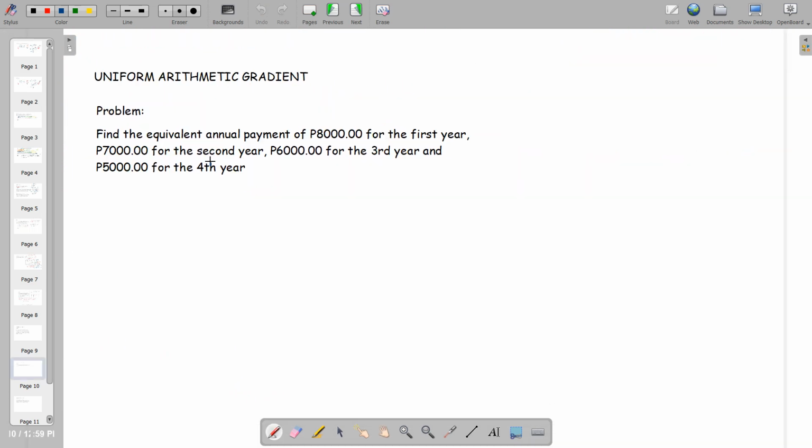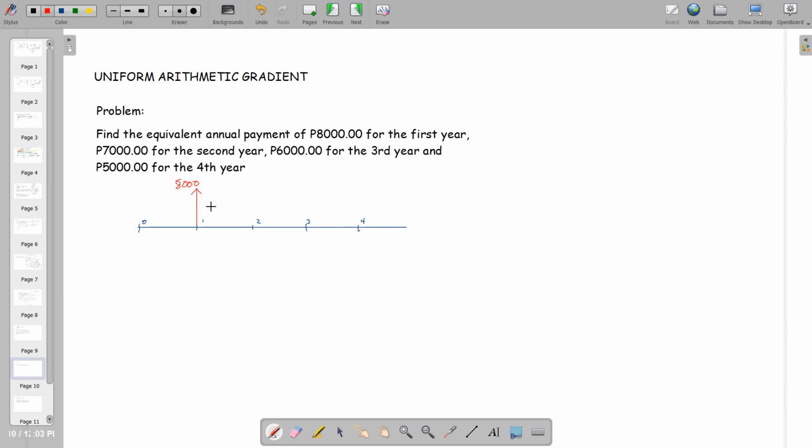So moving on to this second problem, we have here 4 payments, with the corresponding amounts starting from 8,000. So we have a decreasing value here, and obviously the gradient here is a negative 1,000. So putting this into its corresponding cash flow, we have 4 series of payments.